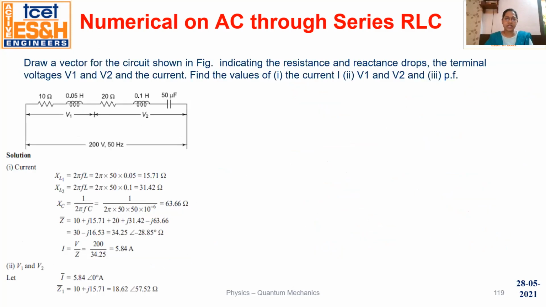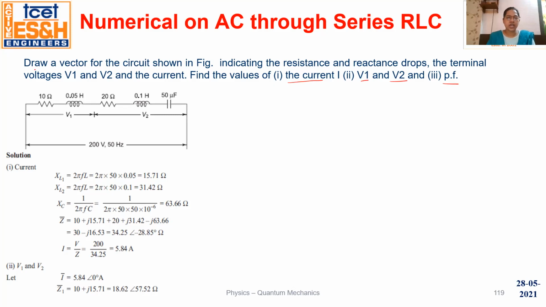And one more numerical is given here. Draw a vector diagram for the circuit shown in figure, indicating the resistance and reactance drop, the terminal voltage V, V1 and V2, and the current. Find the values of the current, V1, V2 and power factor.